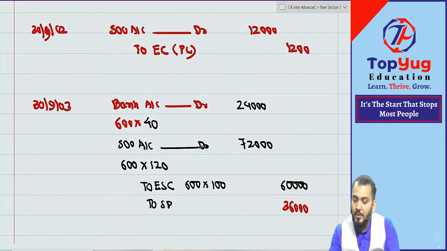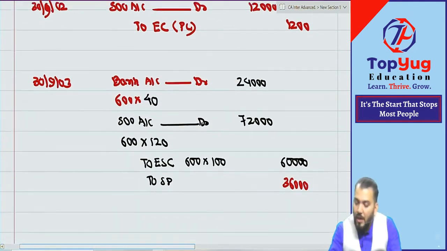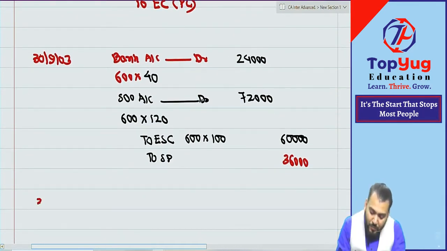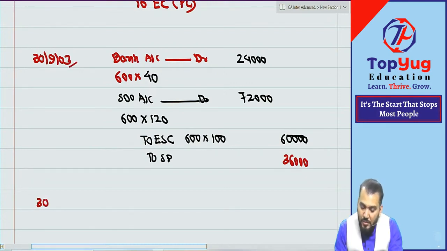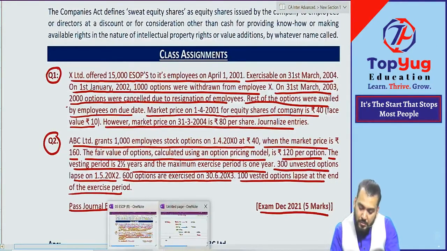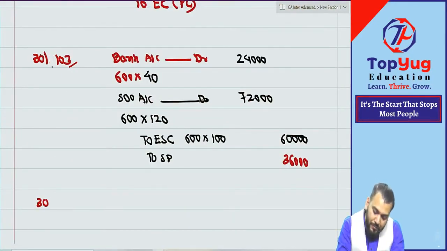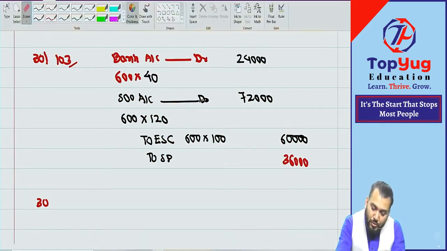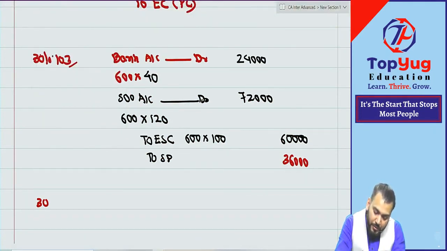Understood? Correct. Now, vested options cancelled. What is the last day of exercise period? Achha, this was exercise day. You have given some wrong day. 600 options were exercised on 30th June 2003.